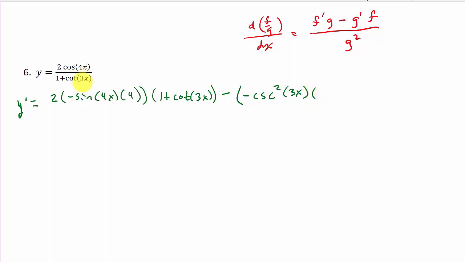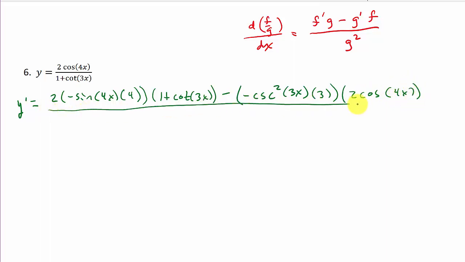So times the derivative of 3x, which is 3. So this is the derivative of the denominator and then times the numerator, so times 2 cosine 4x. And then this is all over the denominator squared.